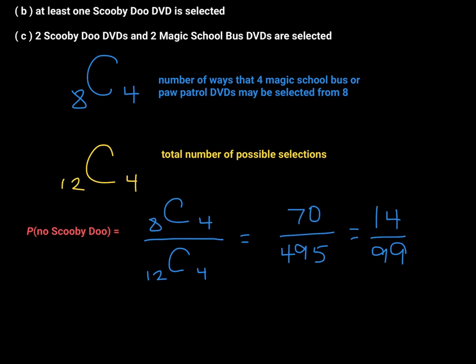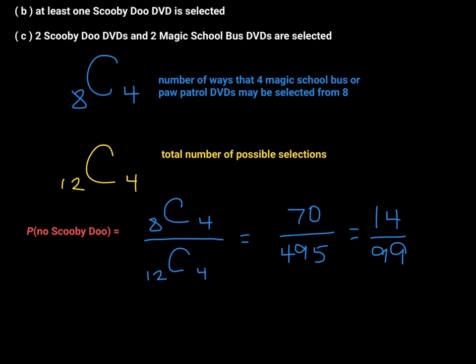One of these outcomes must occur, right, everybody? Either when Jennifer reaches in for her 4 DVDs and randomly selects them, either of these 2 outcomes will happen. Either no Scooby-Doo DVDs are chosen at all, or at least one Scooby-Doo.